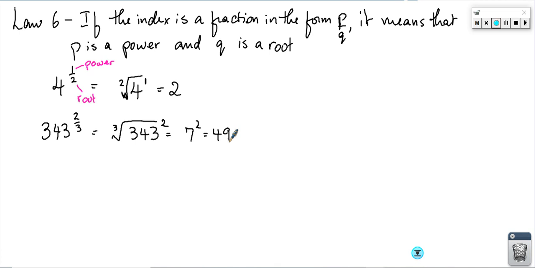Sometimes we're going to meet decimal numbers. So if I have, for example, 0.16 to the power of 3/2, similar to the example before, if I have a decimal, I have to change the decimal to a fraction first.